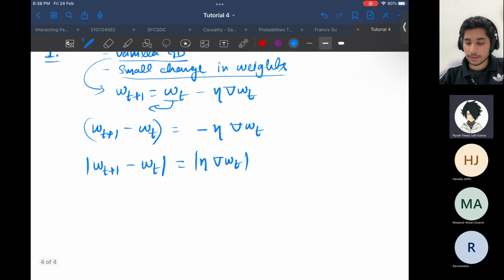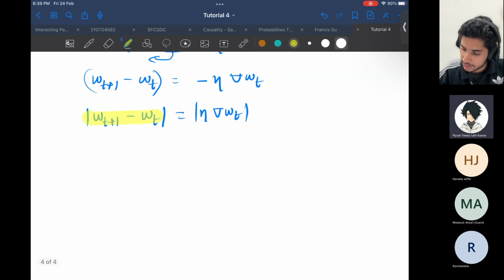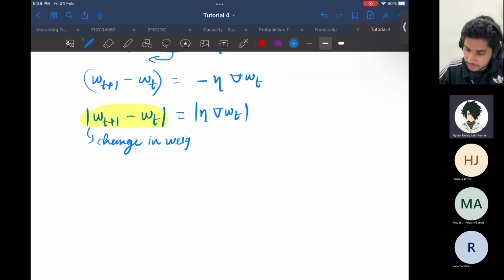Now this term that I have here is the change in weight, and someone is saying that this is small. So what does that mean? That means that this term on the RHS should be small.